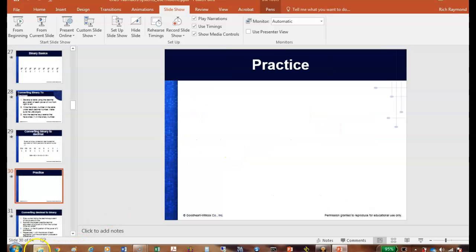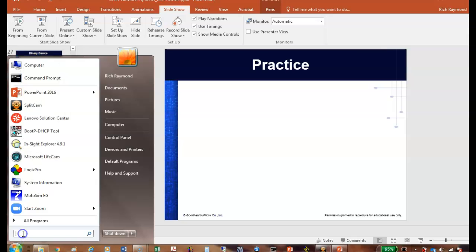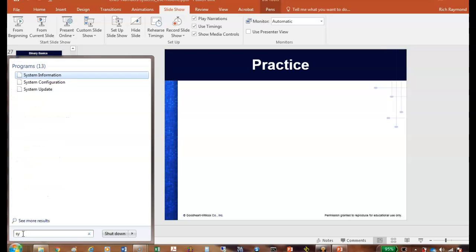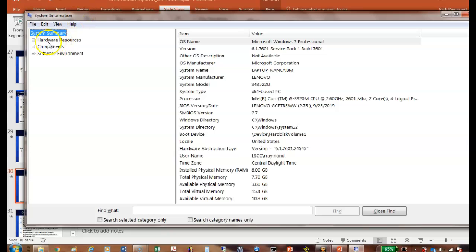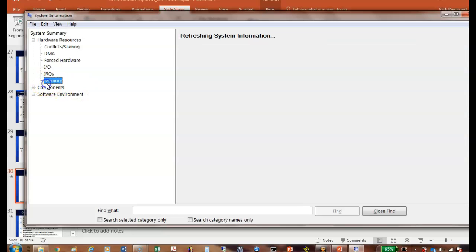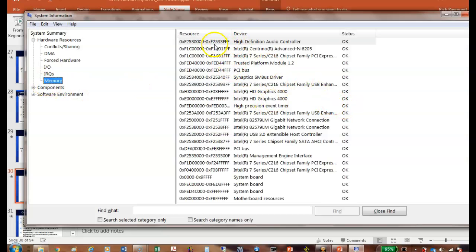So, you know, if you came up here, this is system information, and we're going to look at hardware, and we'll just look at memory. So this is the actual memory layout of this computer, and these are addresses. Think about that binary number.